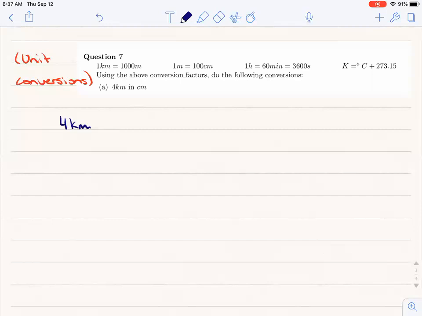Okay, so to get 4 kilometers into centimeters, you first convert it to meters and then into centimeters, because you know that there's 1,000 meters per 1 kilometer, and that converts it into meters.